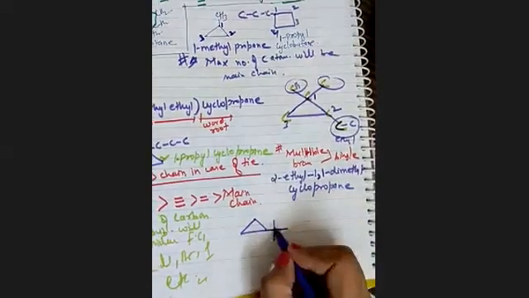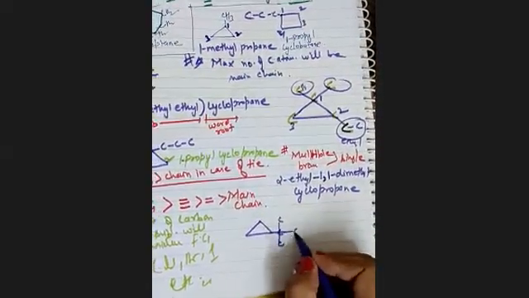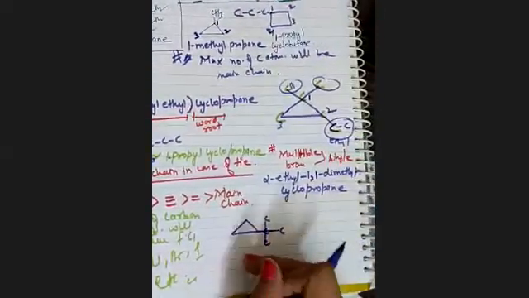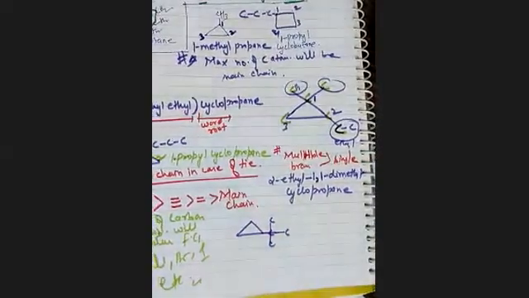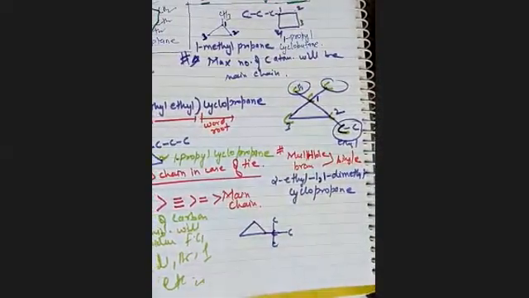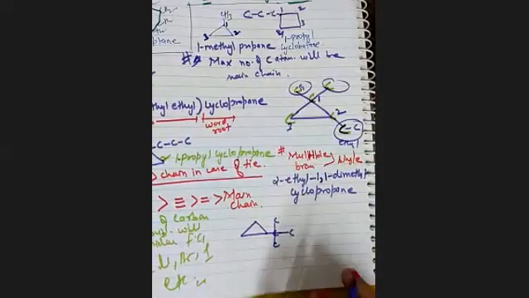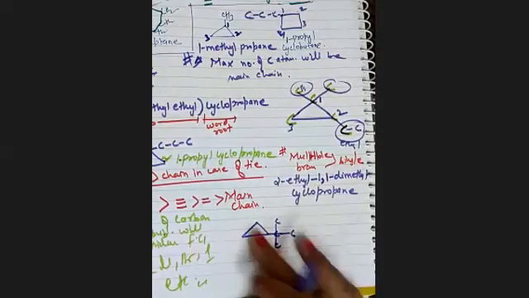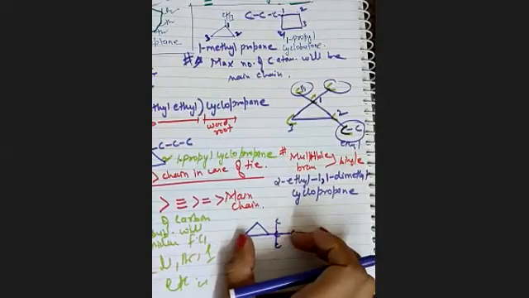It means this is carbon, this is carbon, this is carbon, and this is also carbon. Clear? Now do the nomenclature. What will be the nomenclature? Since we know we have to give preference to the main chain and this is your substituent, we have to do the nomenclature of both separately.